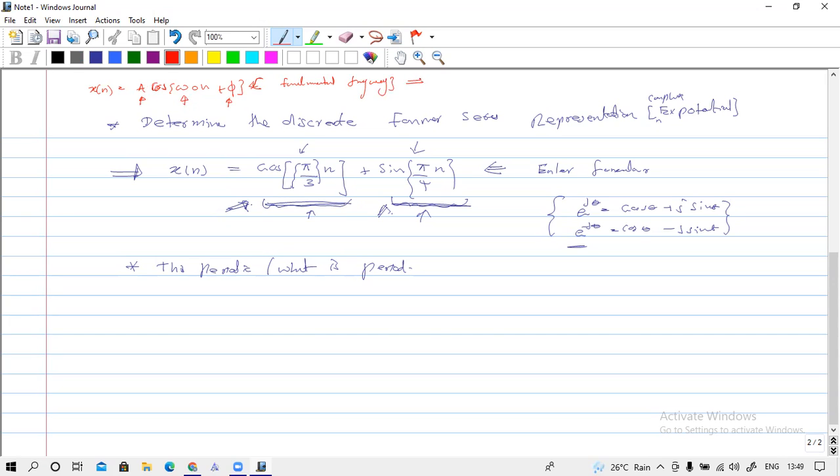So what is the fundamental period? N0 is 2π by ω0. So we can express ω0 = 2π/N0. Both are correct. So we already know this.